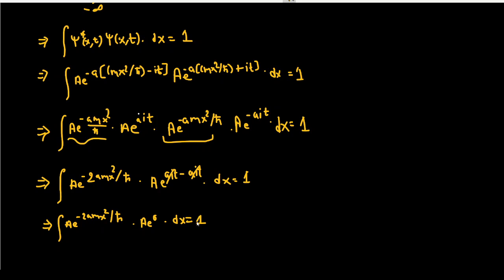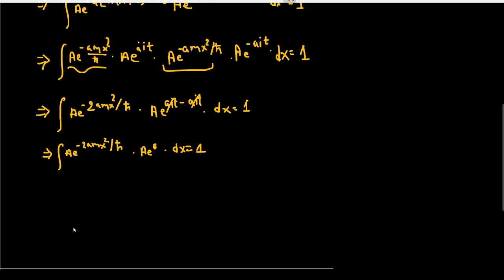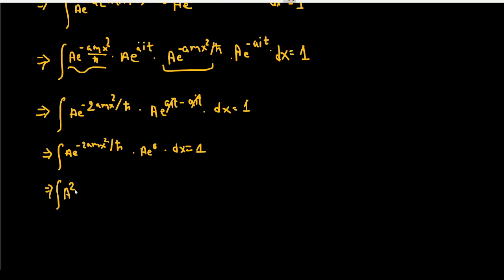So this is what our equation becomes, and e to the power 0 is equal to 1, so our expression can be written as the integration of a squared e to the power negative 2a mx squared divided by h cut dx is equal to 1. Okay, so this is our expression, simplified.